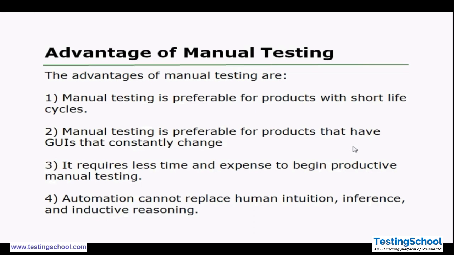That is why manual testing is important, because you can start your testing without any particular tool or any particular special skill. Automation testing cannot replace human intuition, inference, and inductive reasoning. On the UI, you have a certain number of things, but on the automation front, you can test only one. So if you are testing manually, you can verify more things, more features.